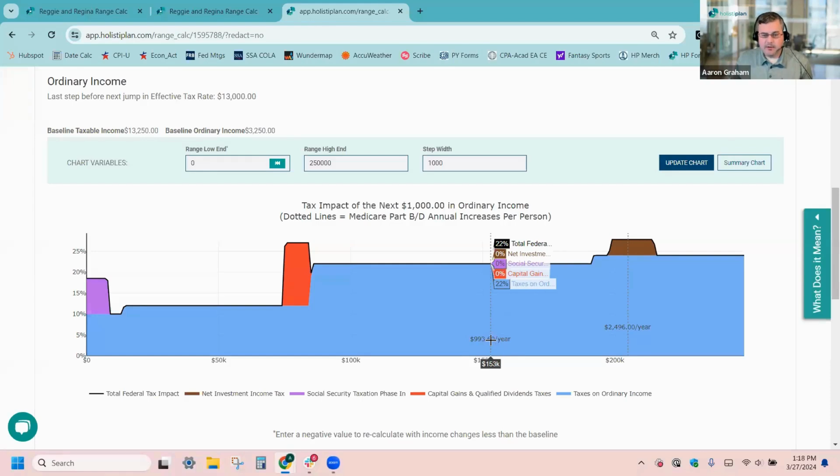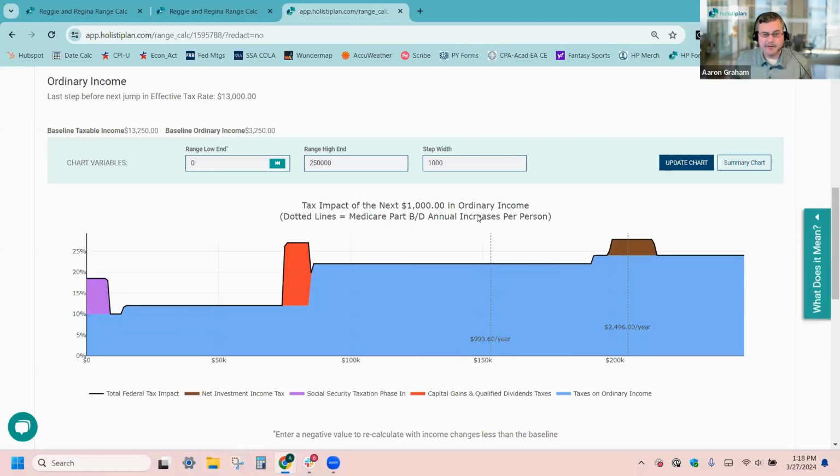But what you're seeing here is that once you cross approximately $150,000 of additional ordinary income, you're subjecting this client to the first IRMAA surcharge trigger or threshold, and that's going to result in additional premiums for Medicare Part B and D combined of approximately $994 per person per year.